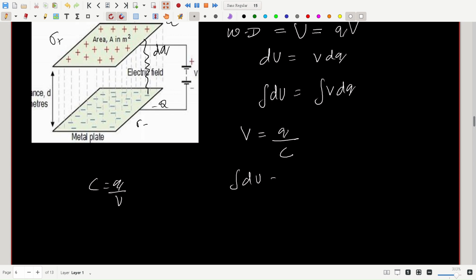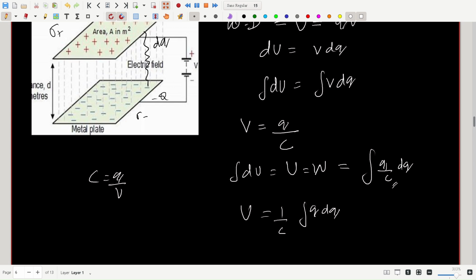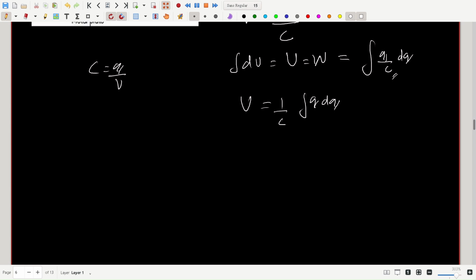So integral of dU is U, which is equal to W, that is given by integral of q by C dq. Here capacitance is a constant, so we'll take it out of the integral of q dq. On integrating this equation, we get 1 by C into q square by 2.